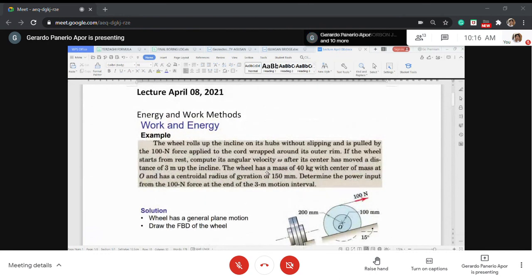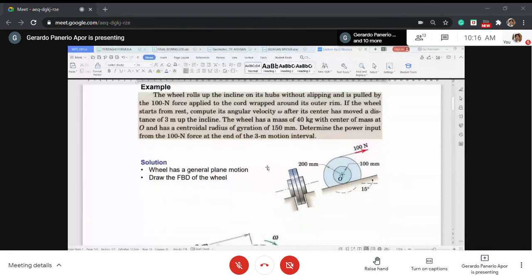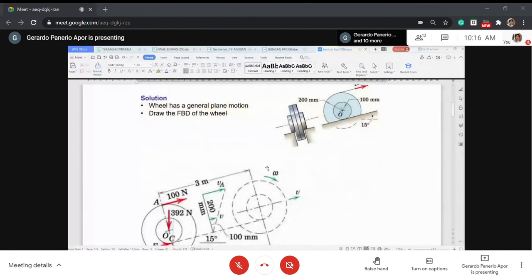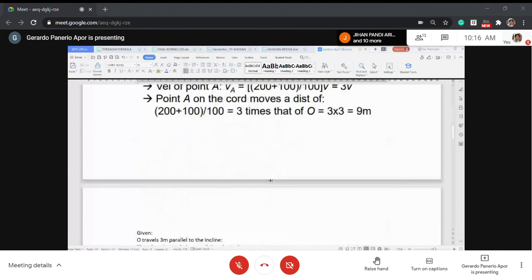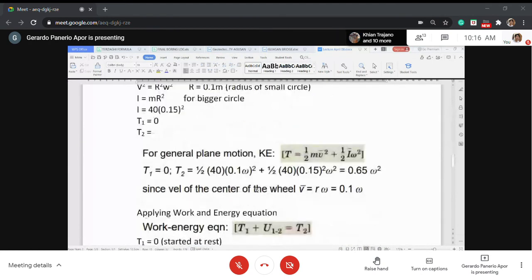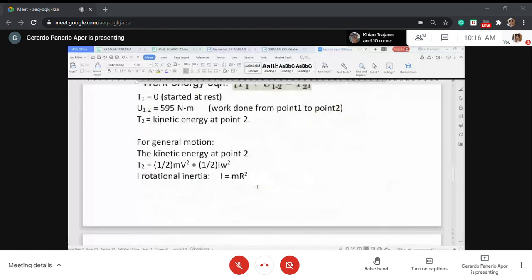It's quite interesting because when we set up the equation of kinetic energy, you can see that you use the complete, general formula, wherein it involves the kinetic energy for translation and the kinetic energy for a rotational body.